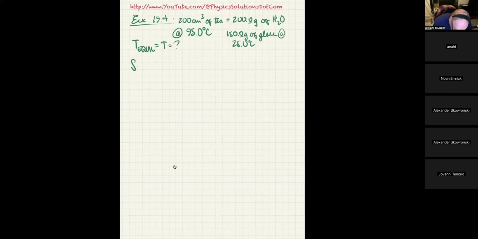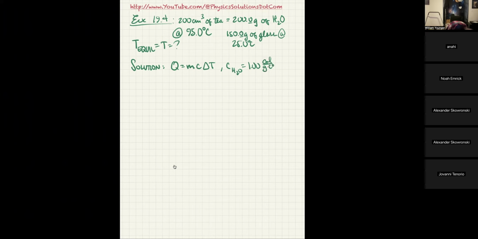Now, the solution is going to involve Q equals m c delta T. I'm going to need the specific heat of water, which is 1.00 calories per gram Celsius degree.